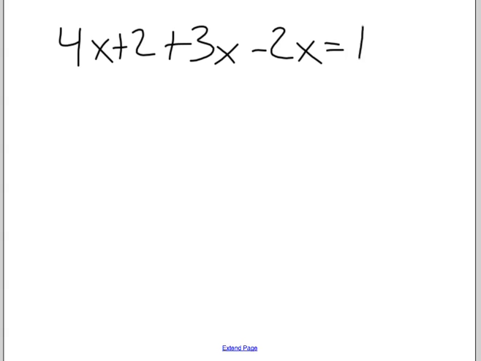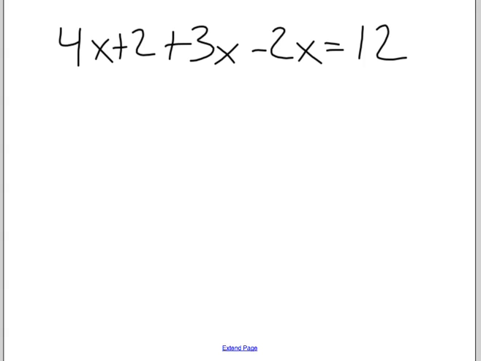Alright, lesson 96, which I do have a lesson for, but I'm going to skip that for now. I'll just write out 4x plus 2 plus 3x. And again, Lainey, this is going to be material from the other day, so you're just going to have to follow along for now.